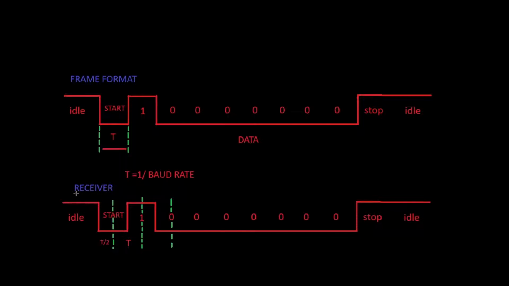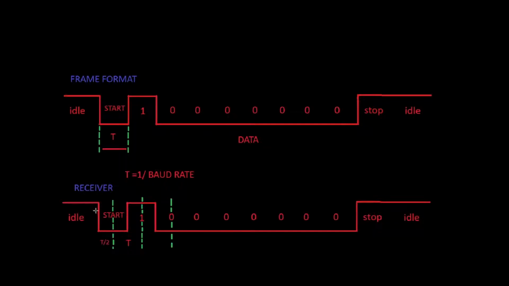Now the receiver part is a little bit different, because in a perfect world, in a simulation, the transition between logic high and logic low happens simultaneously. But the real world is not like that.